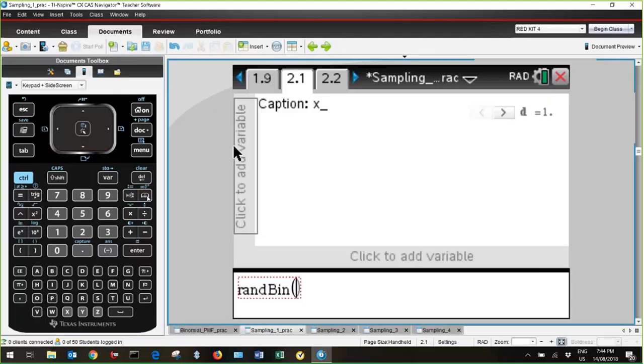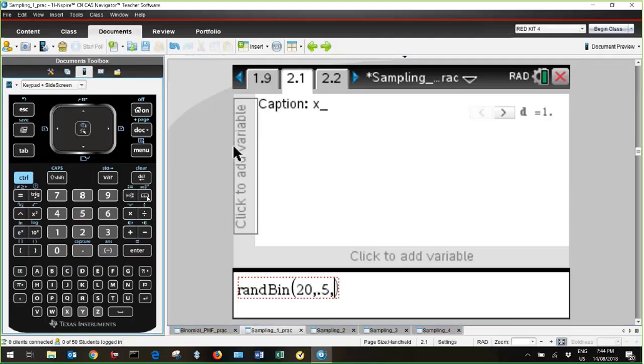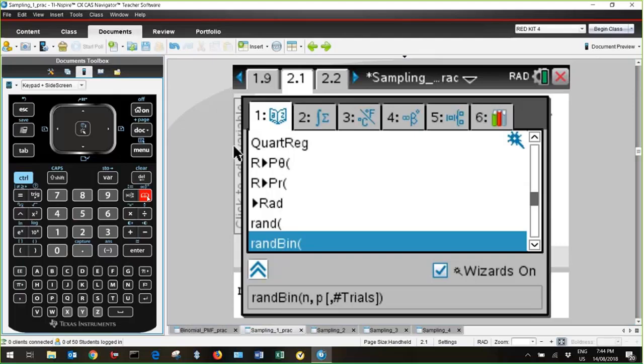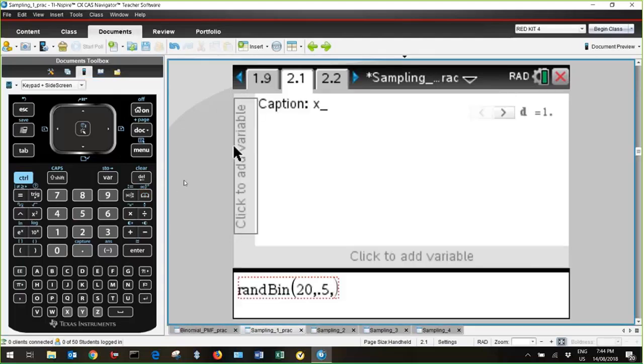So n was 20, p was 0.5. If I just did that, that would give me the result of one survey, one trial of 20 people. Now, a lot of the textbooks say, you know, you could see what happens if you do 200.